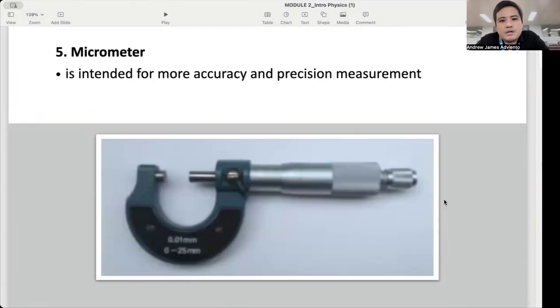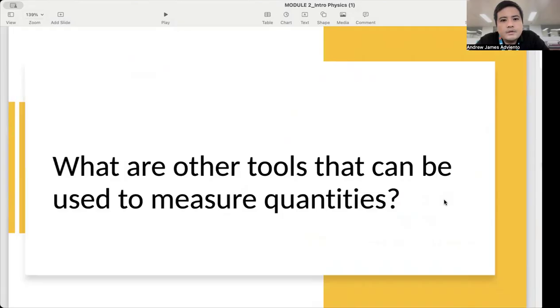We also have the micrometer and other tools. Aside from length, other quantities like time, mass, and distance require different tools such as the clock, balances, and odometers.